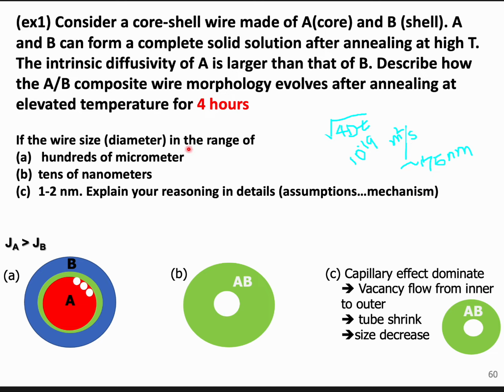And for the rest of the time, around 3 hours or more, the capillarity effect will be dominant. So first is the Kirkendall effect, and because the diameter is too small, most of the time will be spent on the capillarity effect. So this structure is going to shrink, right? The size will decrease as this tube shrinks. Okay, so this is example 1.